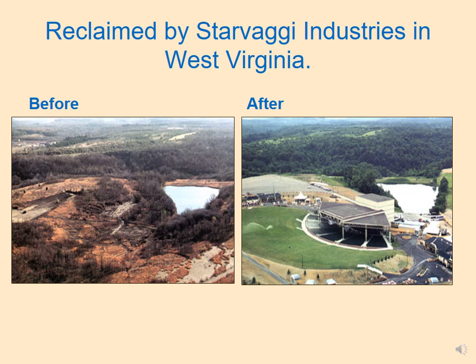So here's an example of a mining area that was reclaimed in West Virginia. Before the reclamation, you can see that you have waste piles, you've got ponds, and that sort of thing. And then afterwards, it's been reclaimed. In this case, it was turned into an amphitheater. That's not commonly what's done, but that's what was done in this particular case.